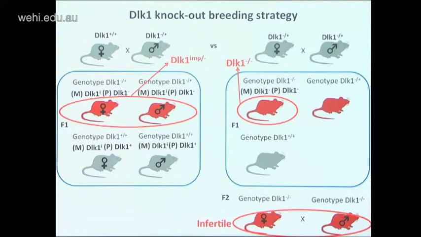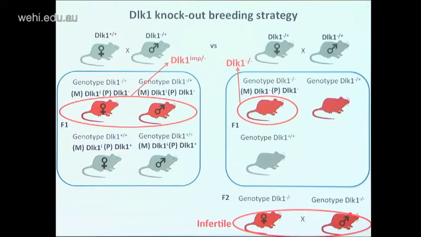But unfortunately, these homozygous knockout mice proved to be incredibly difficult to get. After 3 years of breeding with very active breeding pairs and lots of pairs, I only got 4 Dlk1 knockout mice, 2 females and 2 males.